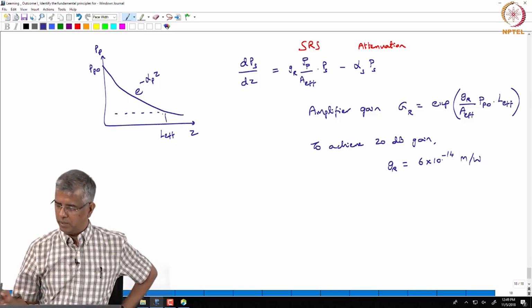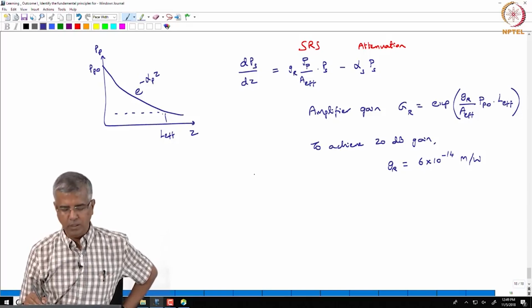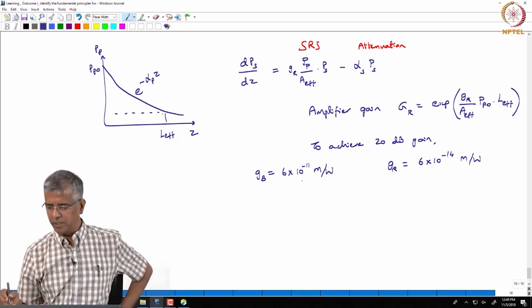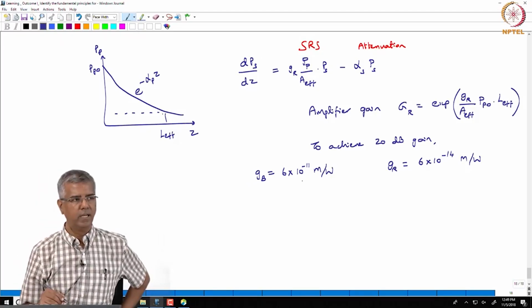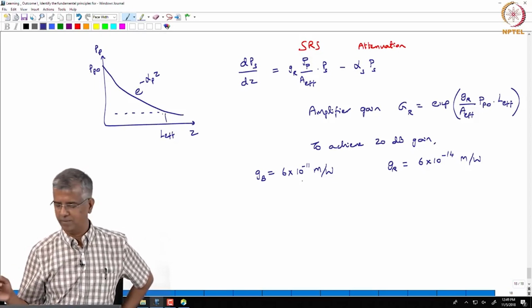To give you a perspective, the Brillouin gain gB is 6 into 10 power minus 11 meter per watt. So, Brillouin gain is actually 3 orders of magnitude larger than the Raman gain, right.